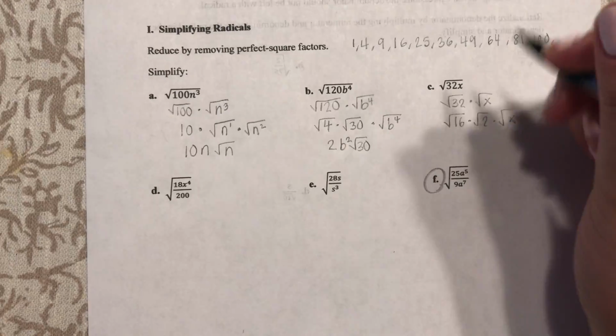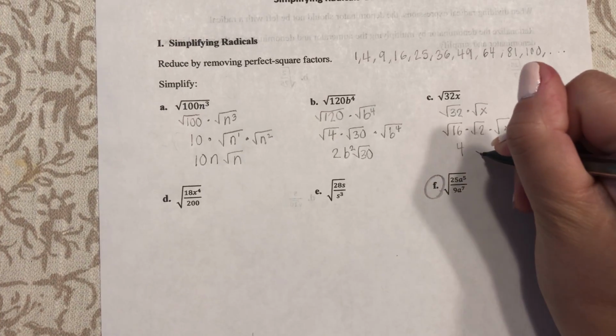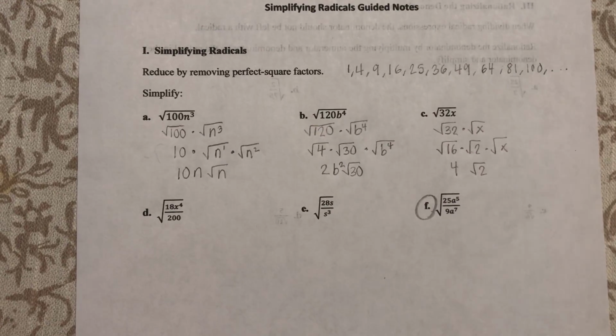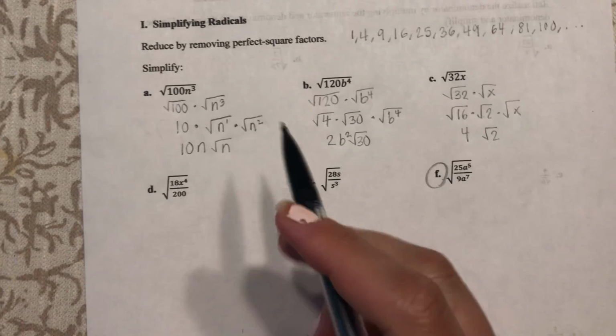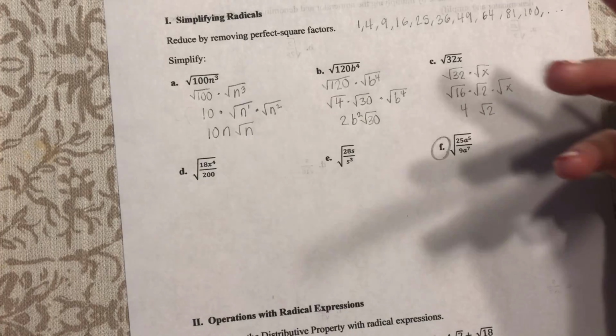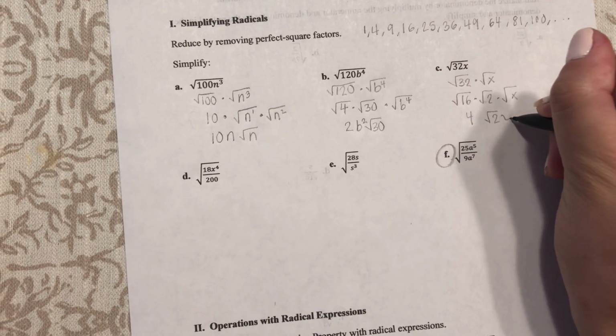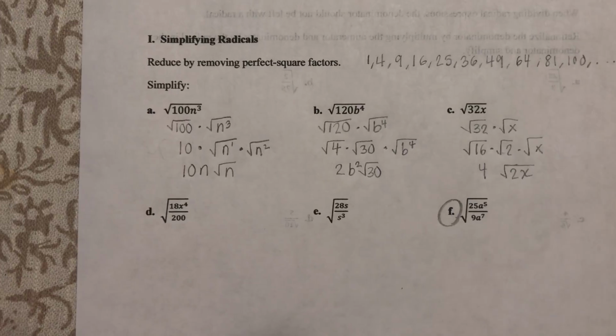So the square root of 16 is 4. The square root of 2 is a decimal, so I keep it. And the square root of x, x to the first, we talked about what to do with just the first. I don't want fractional exponents, so I'm just going to keep the x beneath the square root with the 2. So 4 root 2x is my final answer.